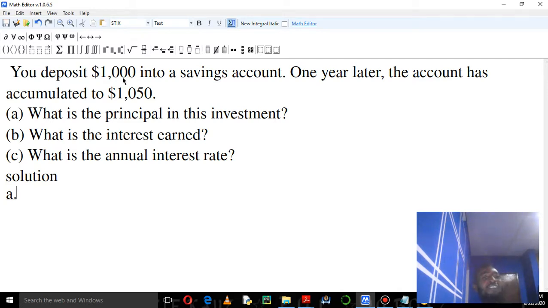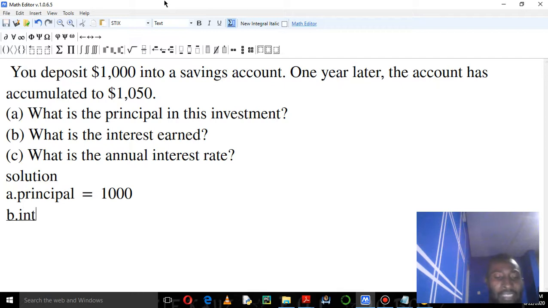The initial amount invested is the amount deposited, which is 1,000. So our principal is equal to 1,000.